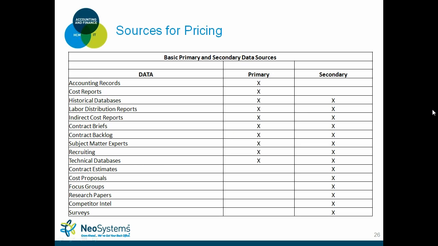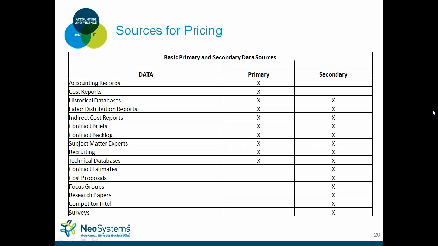So this chart here shows a primary and secondary where you can get information and data to complete pricing in your cost volume. Obviously, the primary side includes accounting records, cost reports, all of your historical database so that you can trend out what your forecasted rates will look like, your labor distribution reports. For those on the advanced accounting system, if you have indirect cost reports printed out, those are good. If you maintain them on a spreadsheet, they work as well.